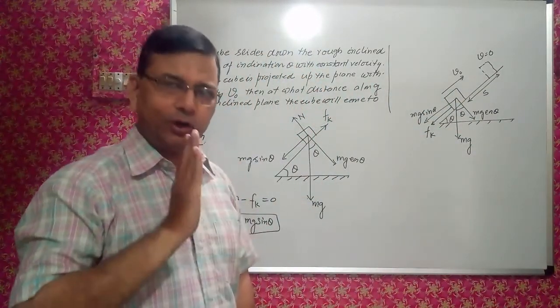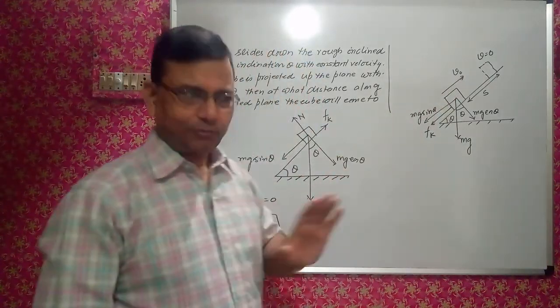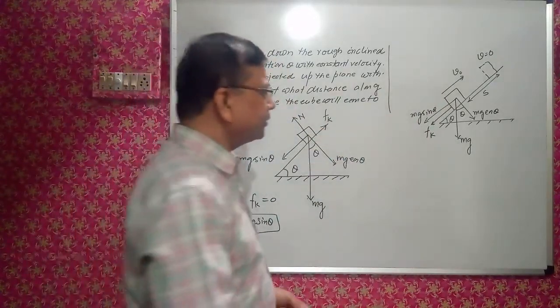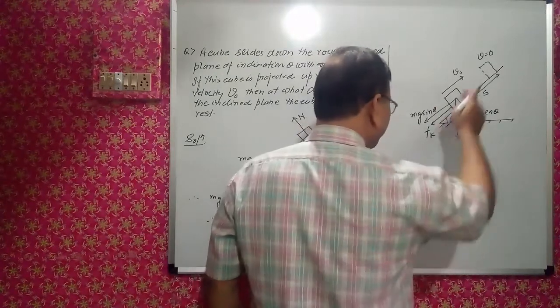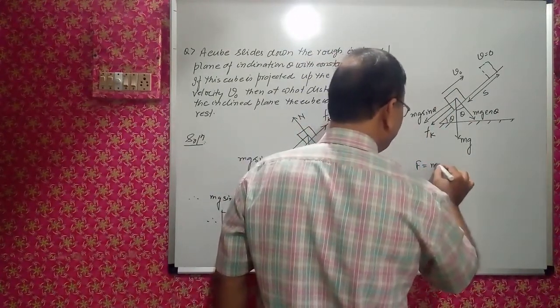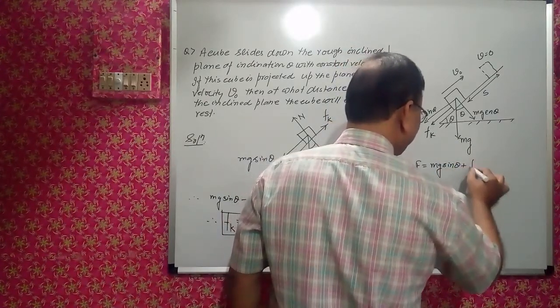Kinetic friction is always constant, which means a constant force is acting on this mass when it is going up. So the backward force acting on this, how much force is acting? The net force F is equal to mg sin theta plus fk.